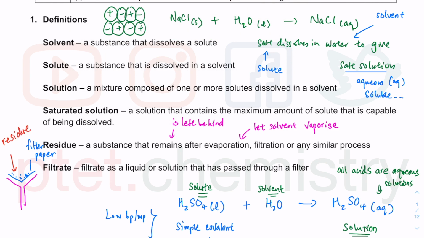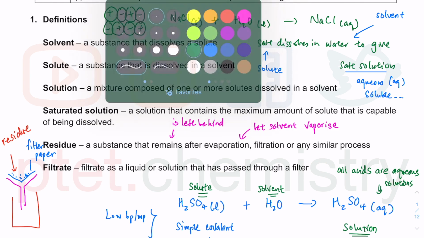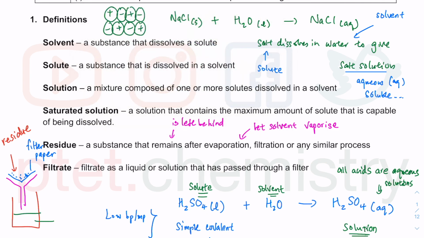This solid that's left behind is what you call residue. Residue means whatever is left behind. And then I have some stuff that passes through, which will be the solution. That's called the filtrate, which is basically the liquid or the solution that passes through a filter. This is not necessarily pure, because you could have some other stuff which is soluble in the water as well.